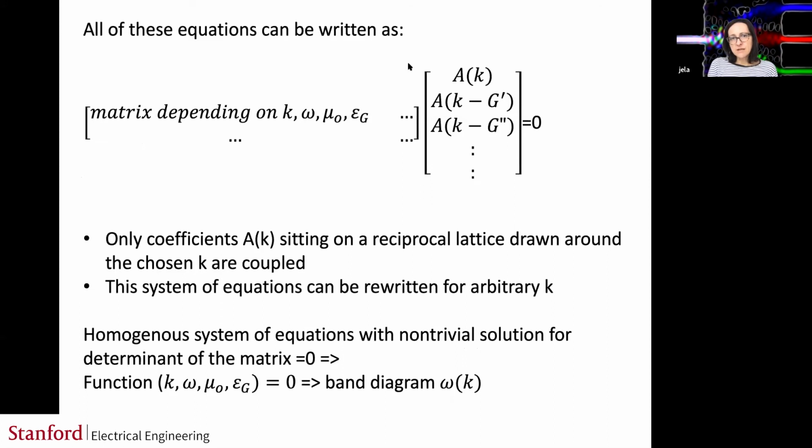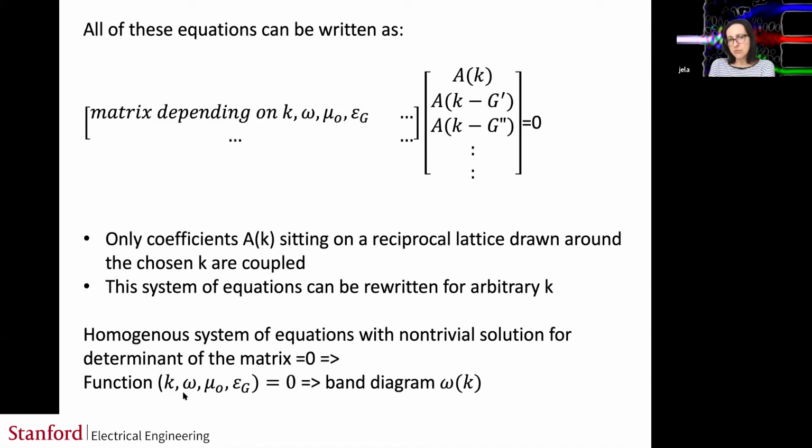So if the determinant of this matrix is equal to 0, what does that give you, right? When you calculate the determinant, you obtain some function, some kind of polynomial depending on these coefficients. And that function would depend only on K, omega, mu naught, epsilon, G, and that would have to be equal to 0. Okay, so what do we have here? We have mu naught, which is a fundamental constant.